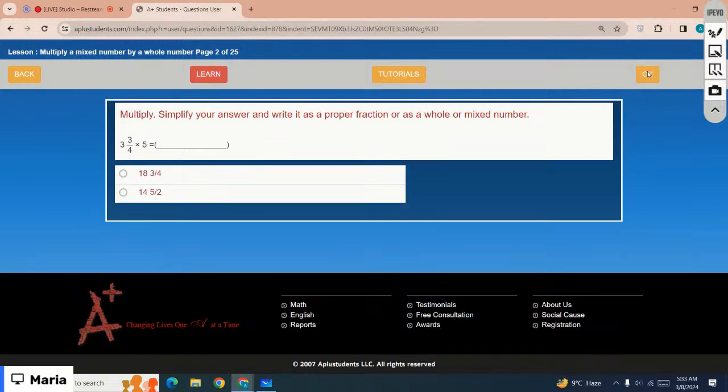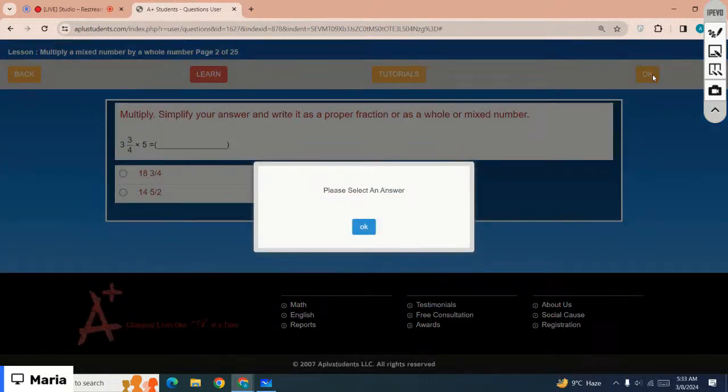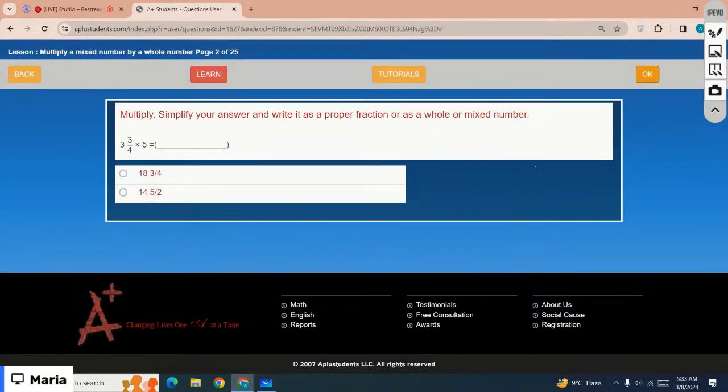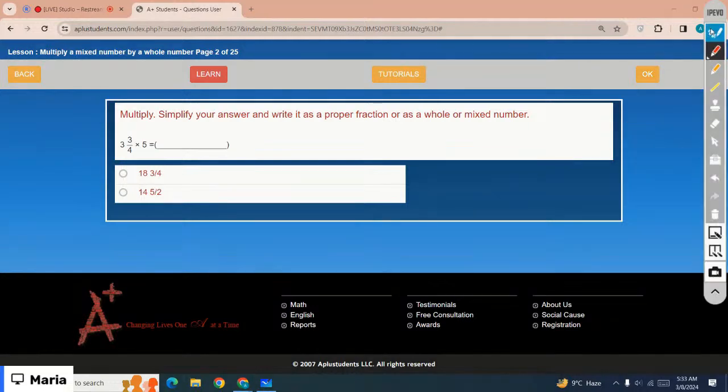The next one is 3 whole 3 by 4 times 5. So which is the correct option? Okay, so you have to convert the mixed number to an improper fraction. You have to multiply 4 times 3 plus 3 divided by 4 and multiply by 5. So 4 times 3 is 12. 12 plus 3 is 15 over 4 times 5.